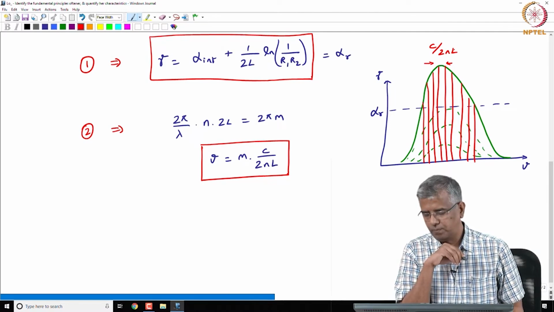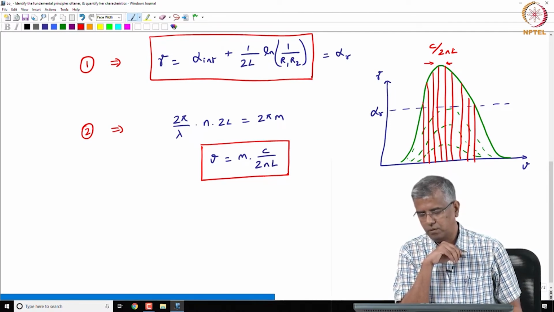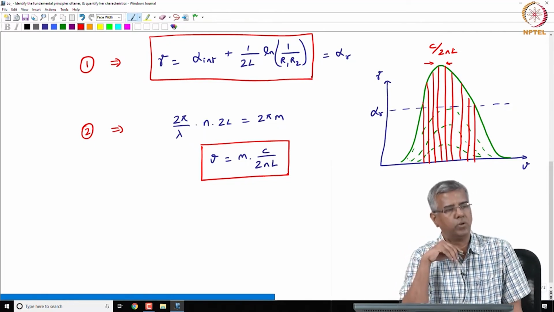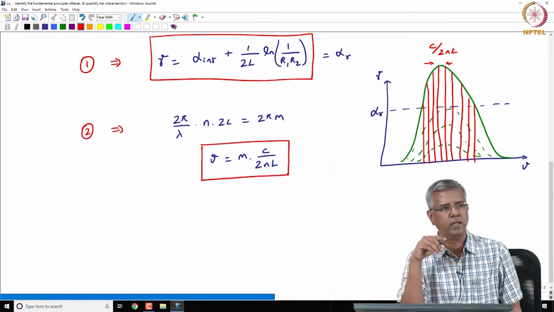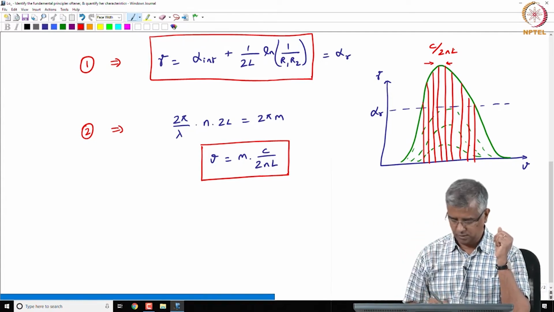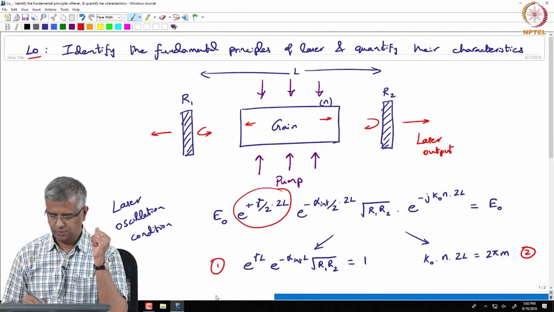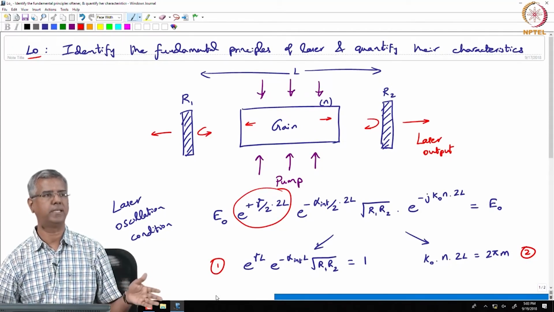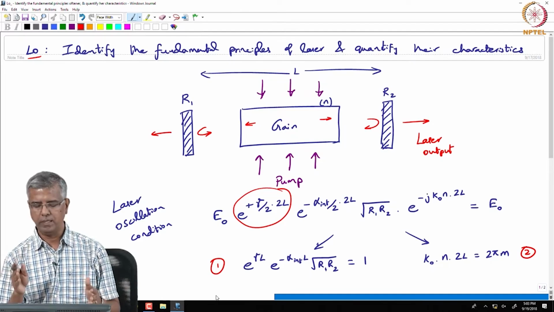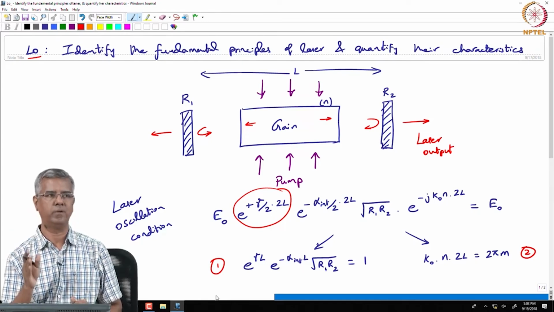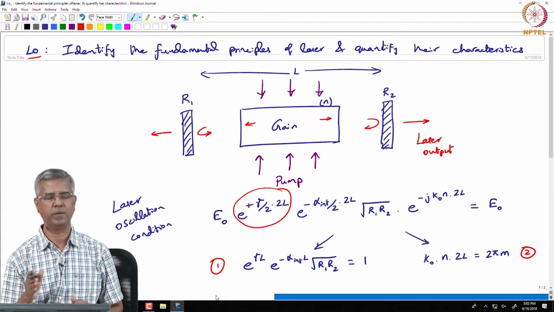So, what this actually says is that any of these lasers that you look at is going to consist of multiple longitudinal modes. We are saying longitudinal modes because this is a mode that is consistent with the cavity along the axis. This is to be differentiated from the other type of modes that we have been looking at when we are looking at optical fibers and other waveguides, right.